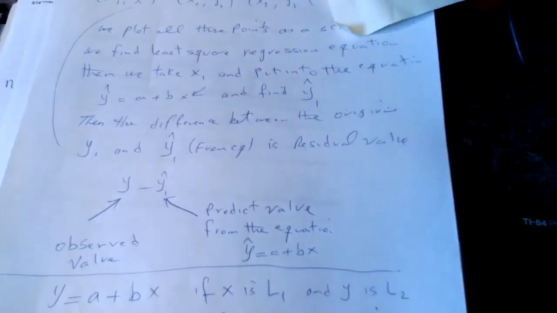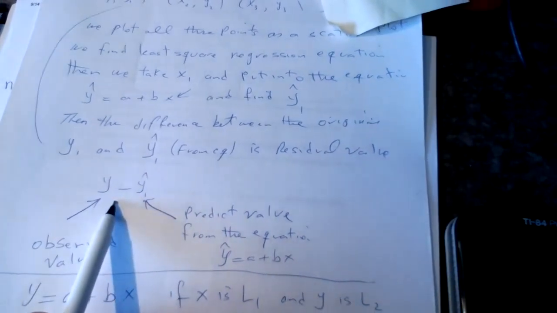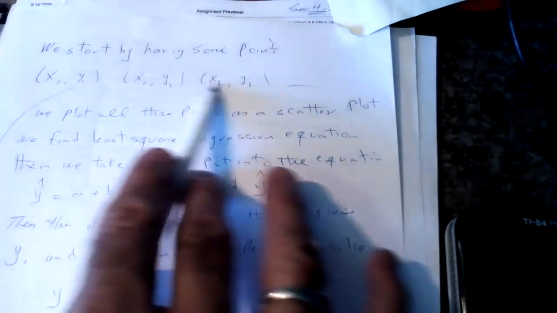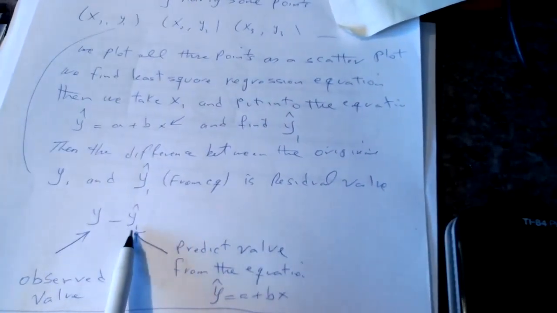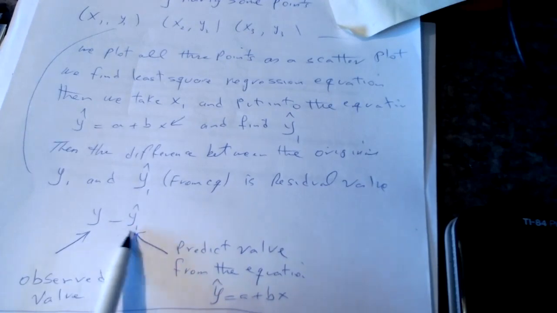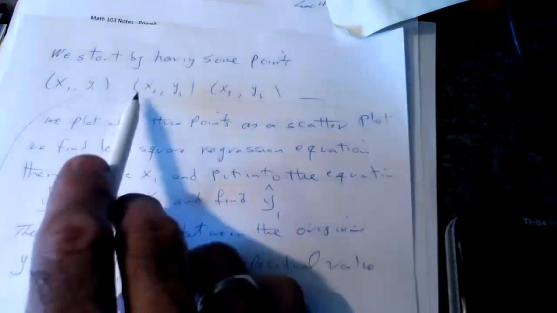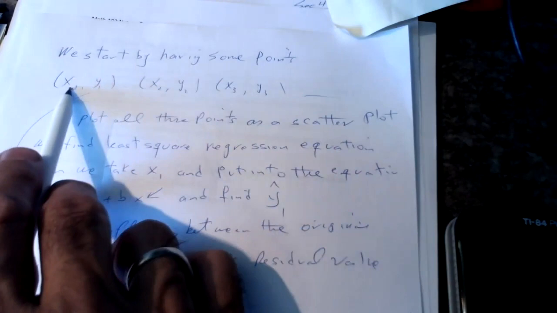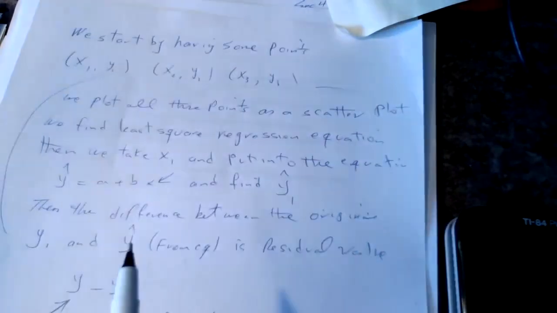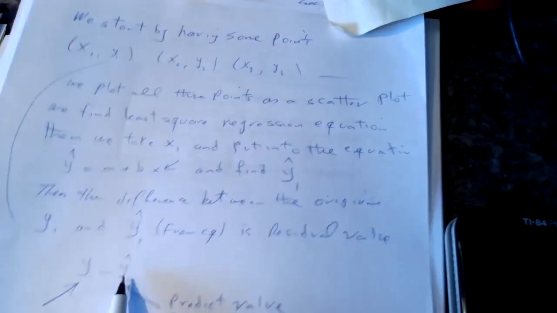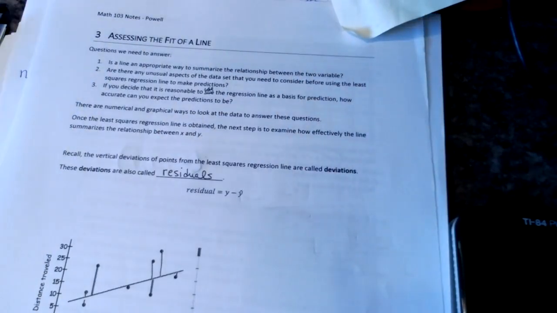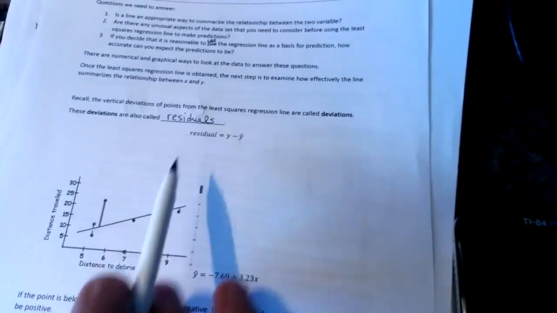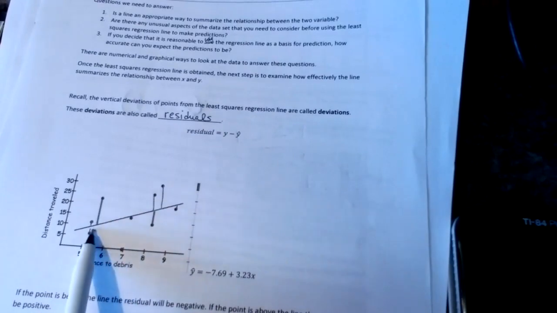So this is the value of the y that we originally have. This is the value of the y that you have from the equation. So there is a difference between these two. So if I take the same x, let's say one of these x, and substitute in the equation, it might give me a different y. The difference of these two is what you have here. They call it residual. Residual means when you find deviation.